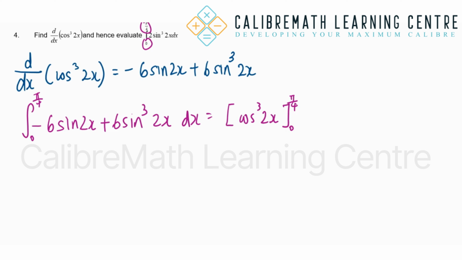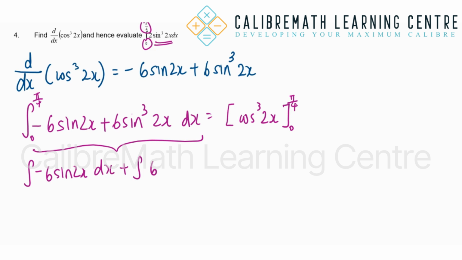Okay, so what we want is the sine cubed 2x only, so I'm going to split this separately so that I can make my sine cubed 2x the subject later on. So I have integration of negative 6 sine 2x dx plus integration of 6 sine cubed 2x dx, with the limits.